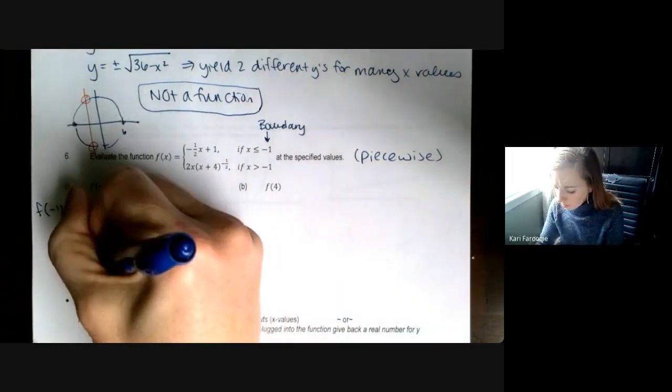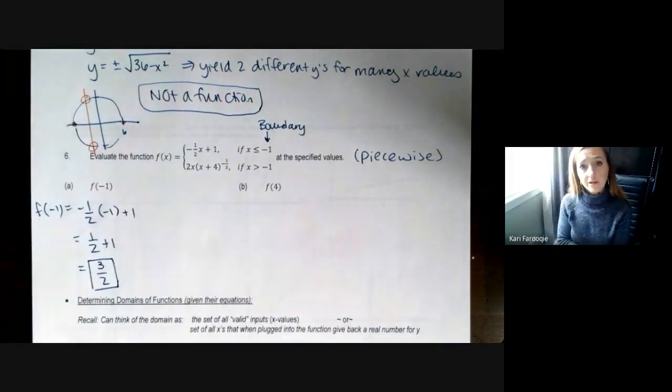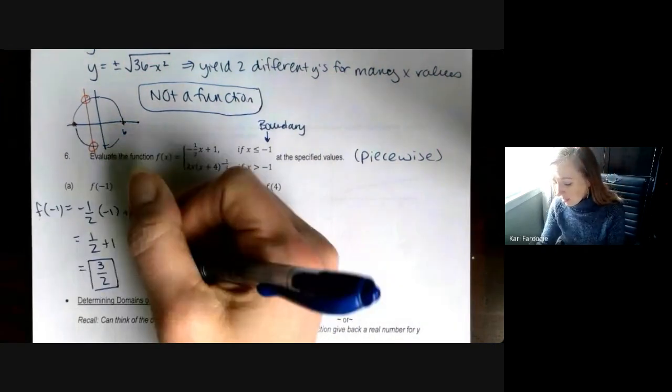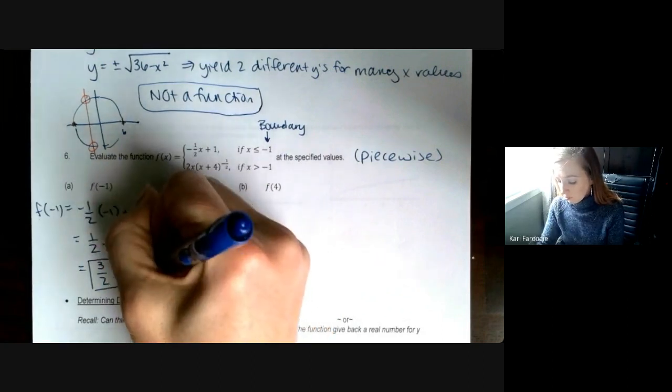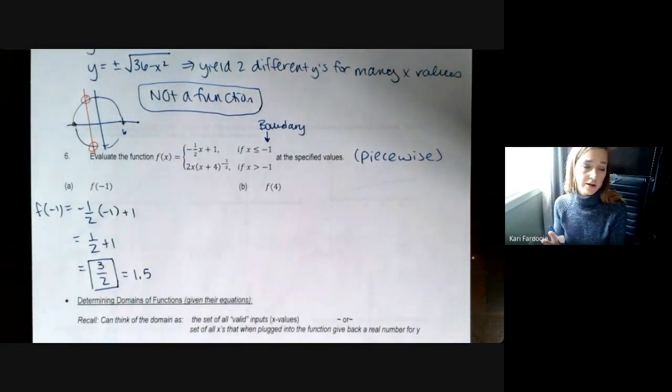In general, I would like for you to leave your answers as improper fractions. In this case, because it's terminating, because you can get an exact decimal value, if you wrote this as 1.5, that would be fine. But that's not always the case. Like if it's 1/3, 1/3 is not a terminating decimal. 1/3 is 0.3 repeating. So that's not okay.